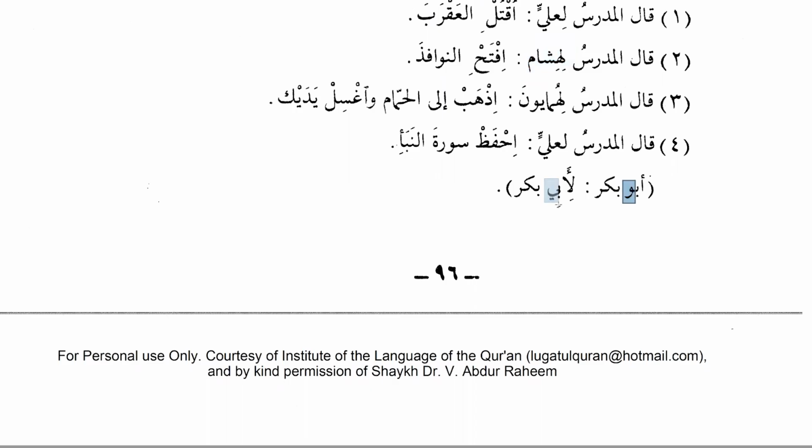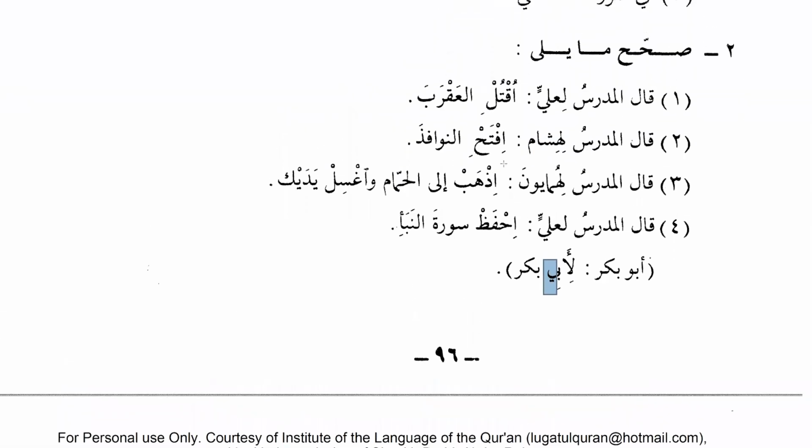When it's in a state of jar, it's going to be with the ya. And when it's mansoob, it's going to be with the alif. And it's only when it's in the position of mudaf, right? Excellent, sorry, my bad. That's a tremendously important point. Yeah, when it occupies the position of the mudaf. Fantastic.